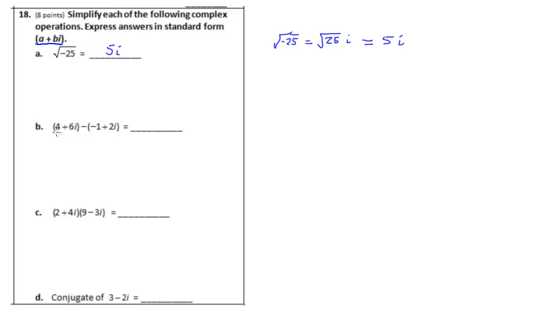Okay, on the next one, we're asked to subtract two complex numbers, and this is pretty straightforward algebra. The i terms we should keep separate from the real terms. So let's just rewrite this without parentheses.